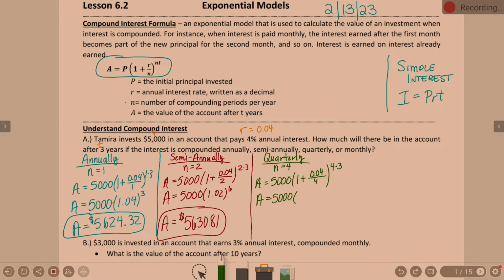5,000. What's going in my parentheses here? 0.04 divided by 4, and then add the 1 on. 1.01 raised to the 12th. Did you get a number?